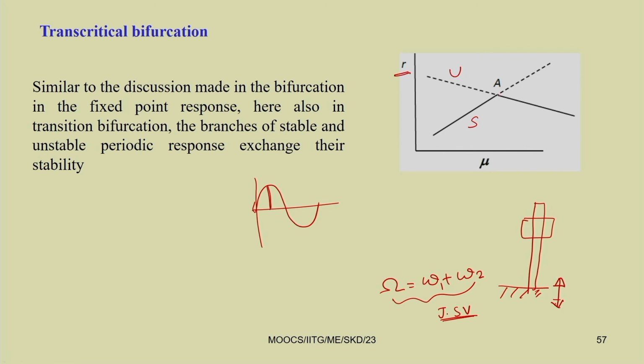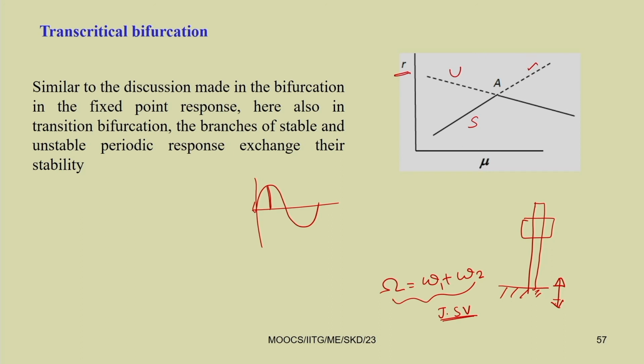Before the critical point A, the system has both stable and unstable periodic responses, and after the bifurcation point you can note that the stable branch changes to unstable and the unstable branch changes to stable.